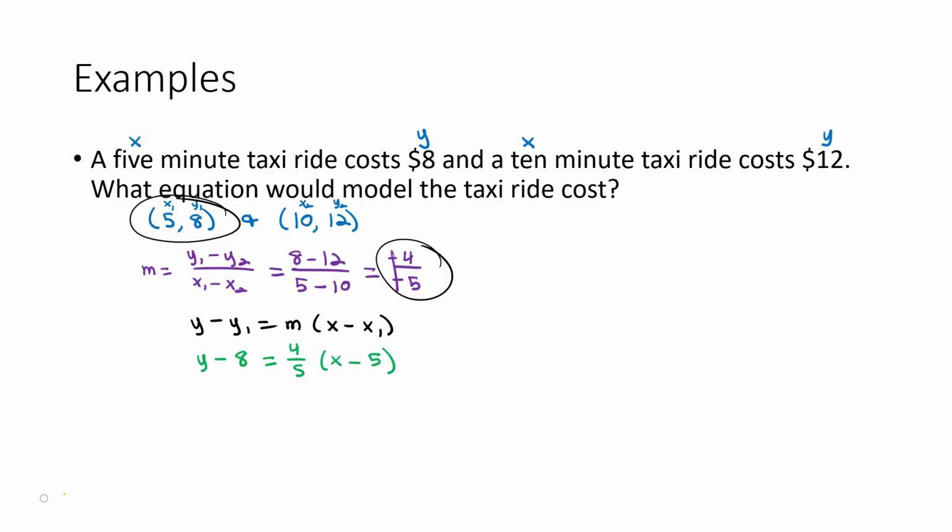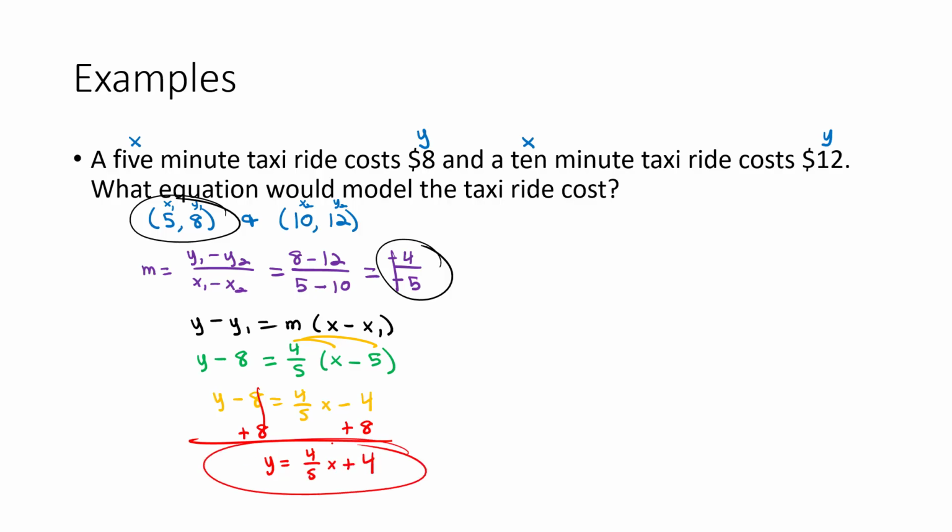And that might work unless we were asked to give the equation in slope-intercept form, in which case we'll distribute the 4/5. y minus 8 equals 4/5 x minus 4 times 5 is 20, divided by 5 is 4. And finally, add the 8 to both sides. And y is equal to 4/5 x plus 4. This will model the taxi ride cost.